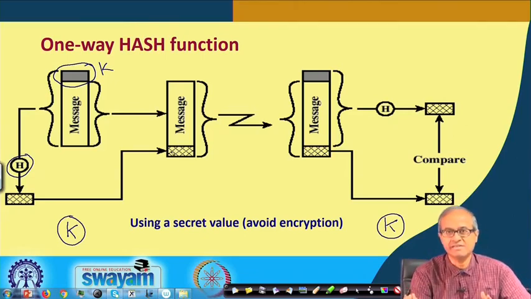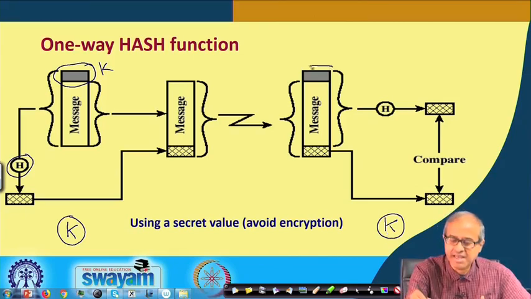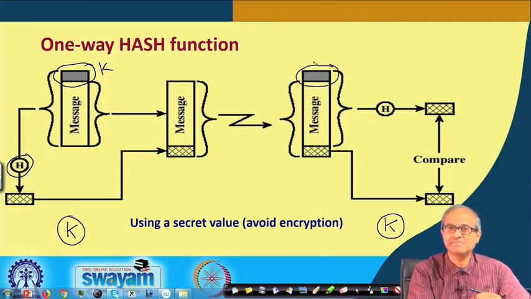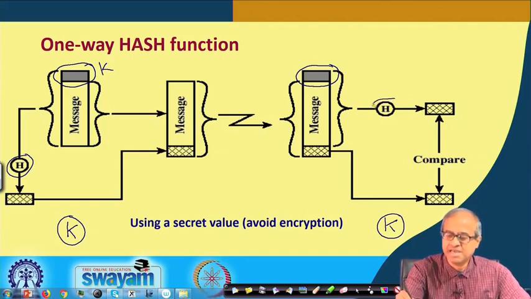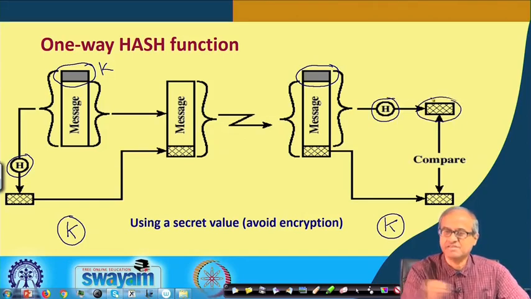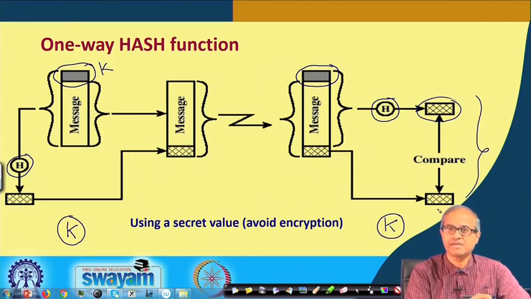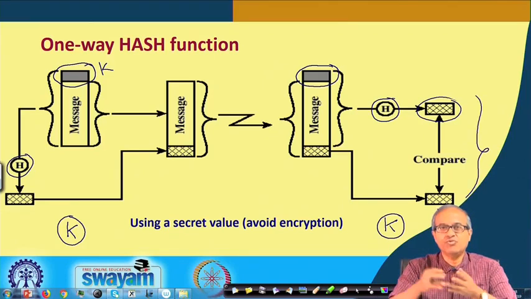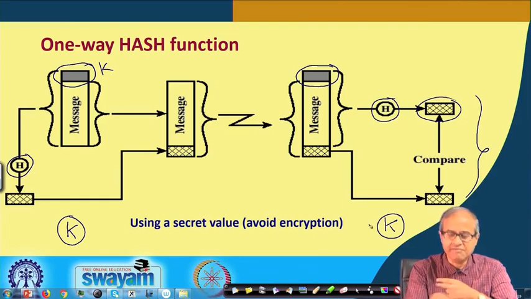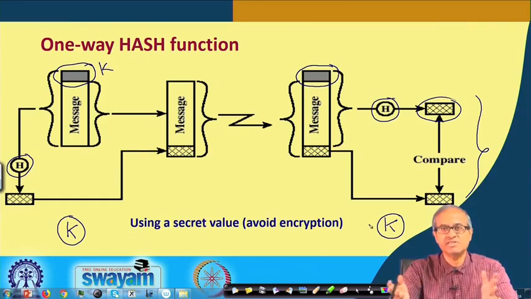At the other side something similar happens. The message is received, and the same value k is also present with the receiver. The receiver again appends k to the message, applies the hash function, gets a hash value, and then compares. Here also we achieve both things, but without carrying out any encryption, because the key value is shared by both sender and receiver.